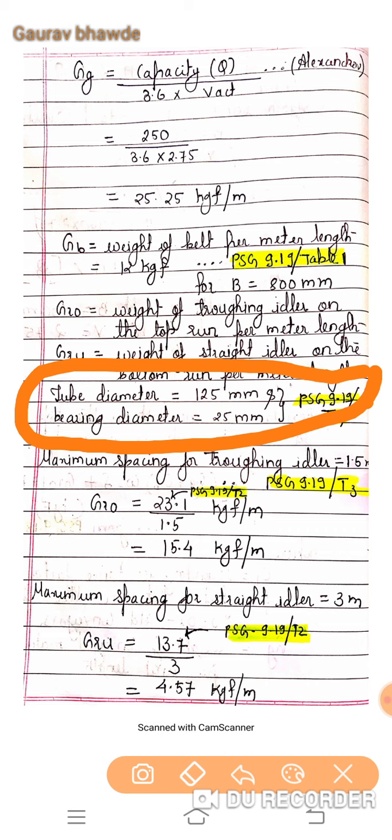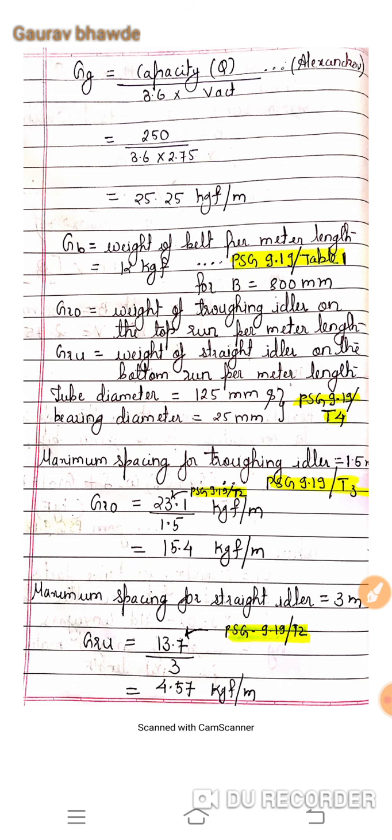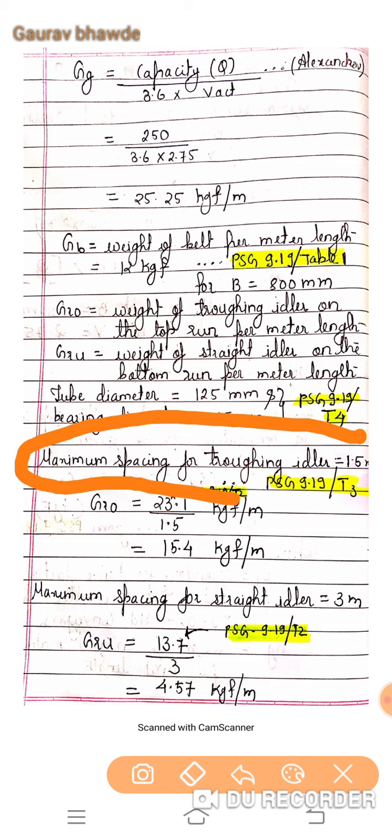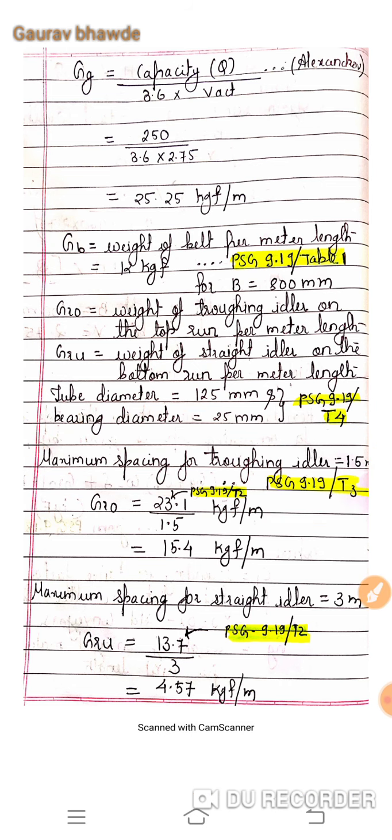Now this tube diameter and bearing diameter you will get from PSG page number 9.19 table 4. So we get the value tube diameter as 125 mm and bearing diameter as 25 mm. This maximum spacing for troughing idler, which is for top run, you will get 1.5 meter from PSG 9.19 table 3.